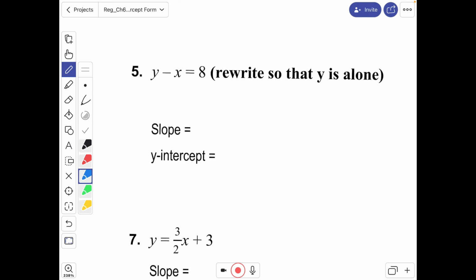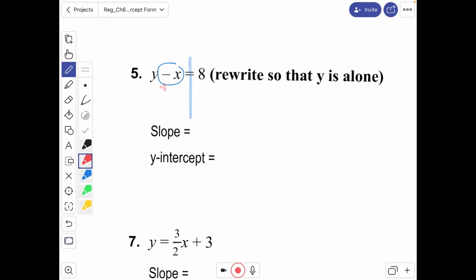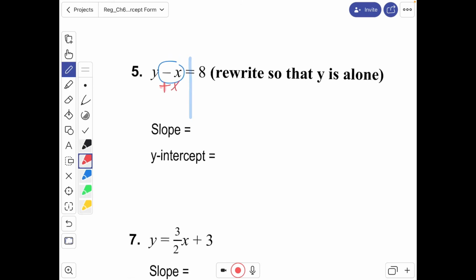What if, though, it's not in slope-intercept form? We can't identify it until it has been placed in slope-intercept form. So we need to move that x to the other side of the equation. The way we move something to the other side of equations is to do the opposite. So the opposite of minus x is plus x.